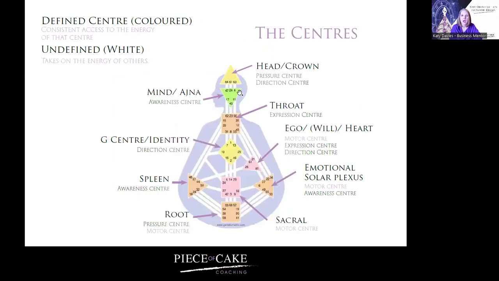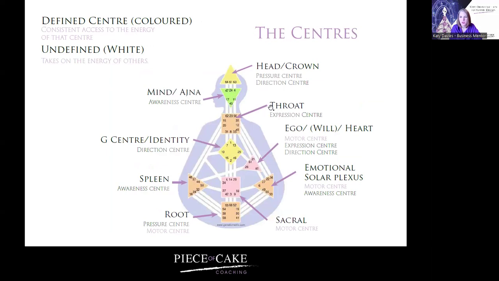Okay. So we talked about the centers, which are all these different shapes here, and they all have names. Most people say the head, sometimes it's called the crown. You will hear people say ajna, which is this one here, also sometimes called the mind.